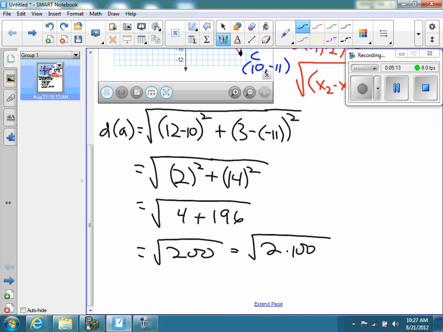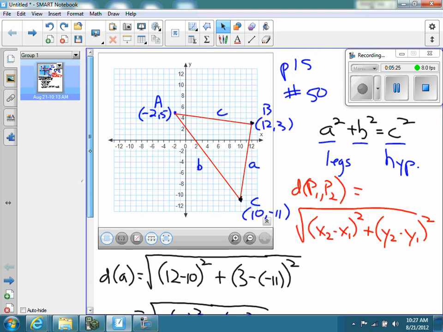I can take my square of 100 out, and that is equal to 10 radical 2. So side A is equal to 10 radical 2. That is the distance between B and C, which is our side A.